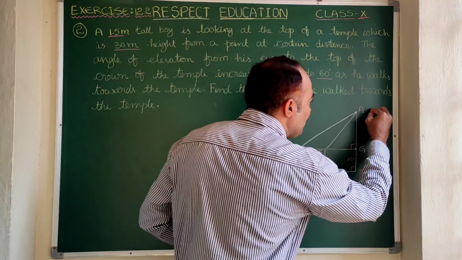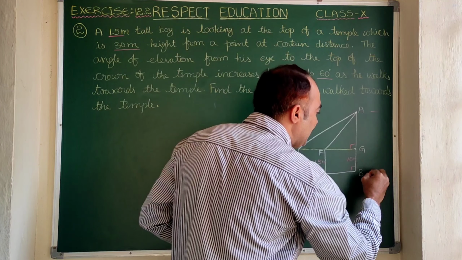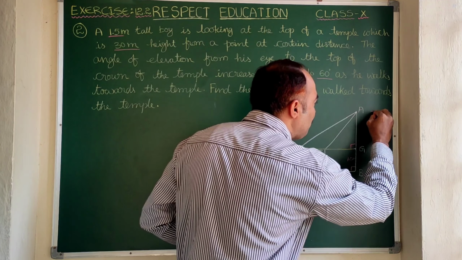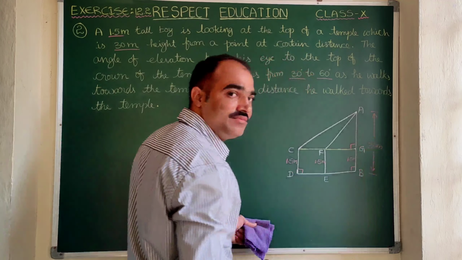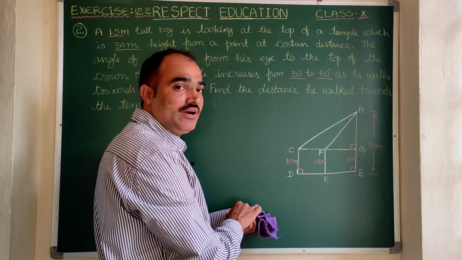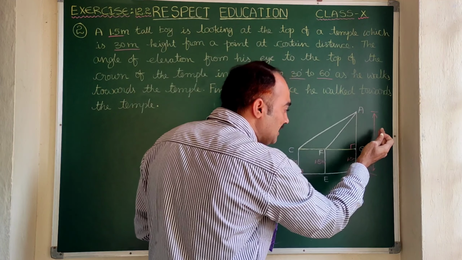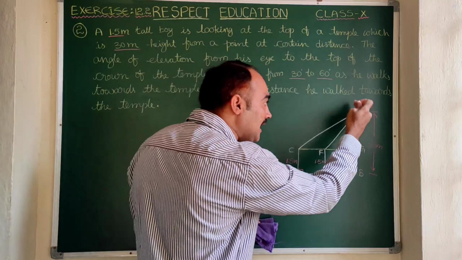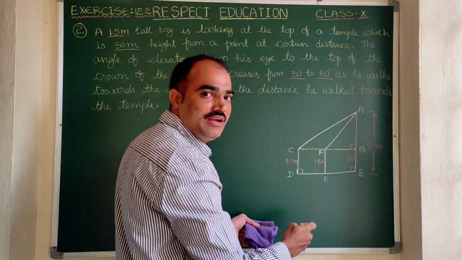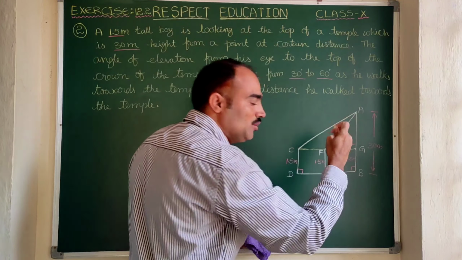Here you observe, from this point A to B, this complete height is 30 meters. Whereas while solving the problem, we have to change these values, means we have to take the exact measurements of AG and GB.